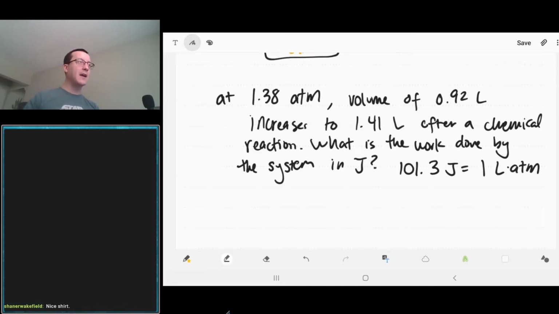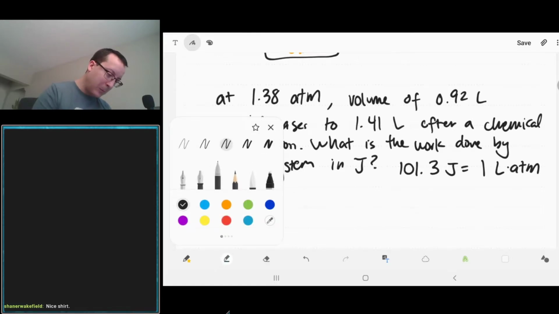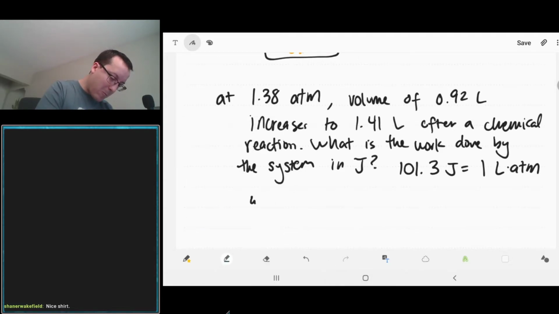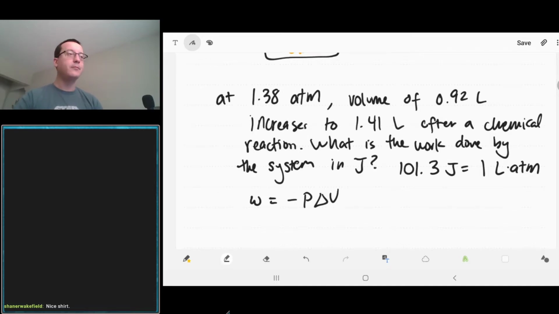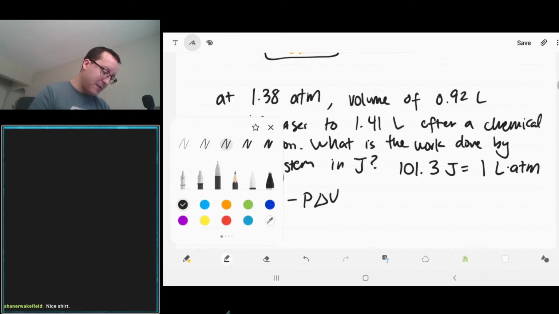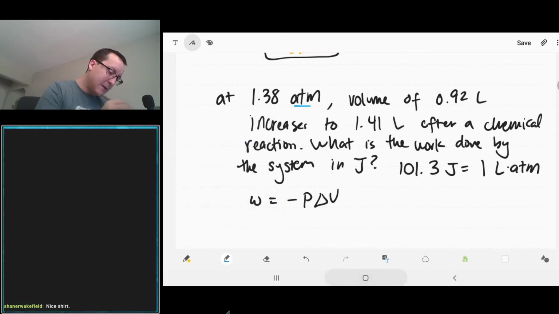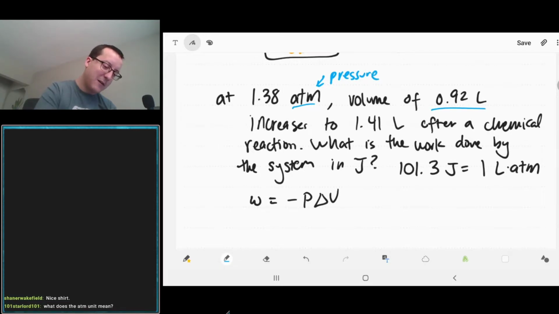So let's go ahead and see what this looks like. Work is negative P delta V for us. And so we just have to understand that atmospheres is a pressure unit, and of course we have two other numbers here.